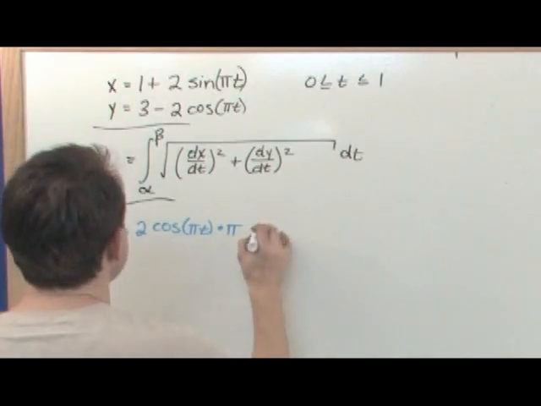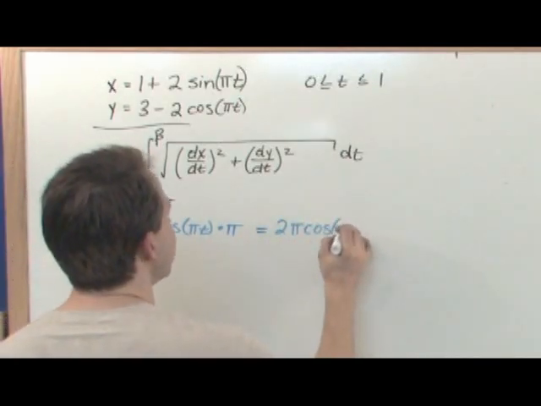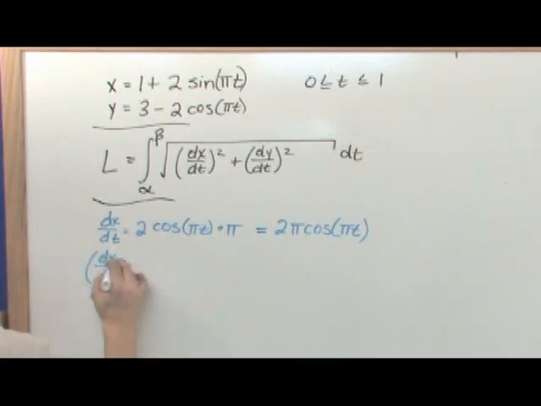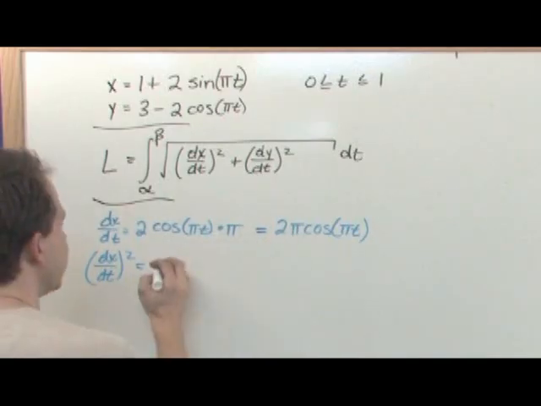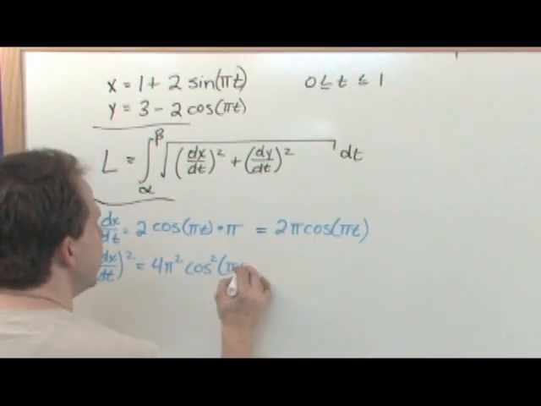So the derivative here is 2 pi times the cosine of pi t. Now dx dt squared, which is what we're going to need to put in here, is equal to 4 pi squared times cosine squared of pi t. All we did was square it.